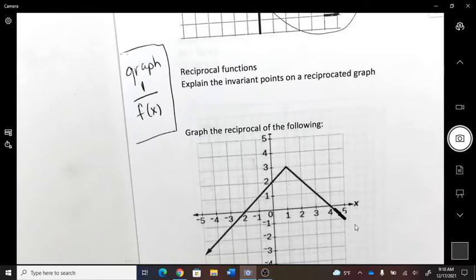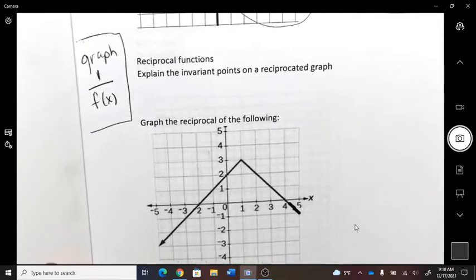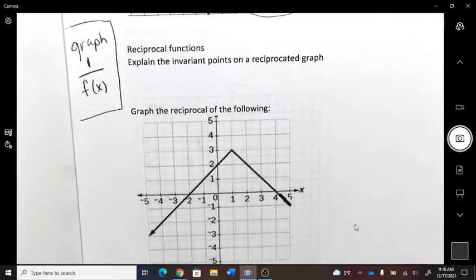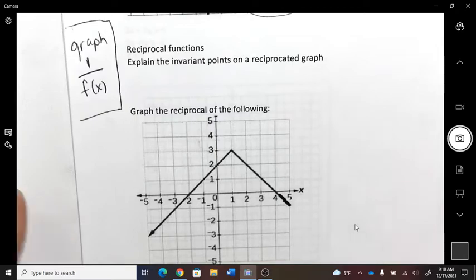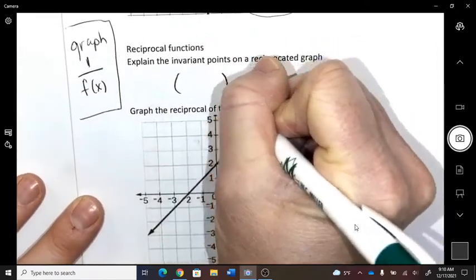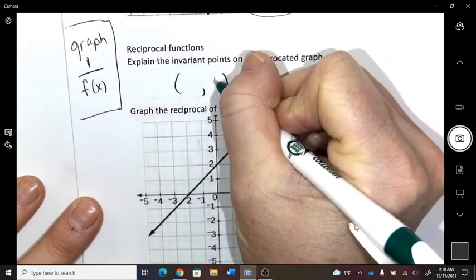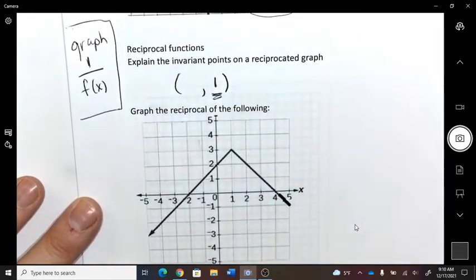Okay, explain the invariant points on a reciprocated graph. Which point, what kind of point would not move if you reciprocated it? If your point had what going on? A y value of 1?